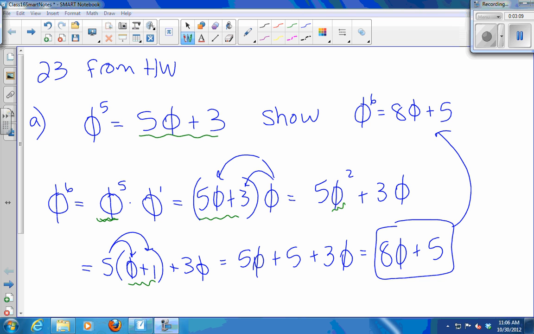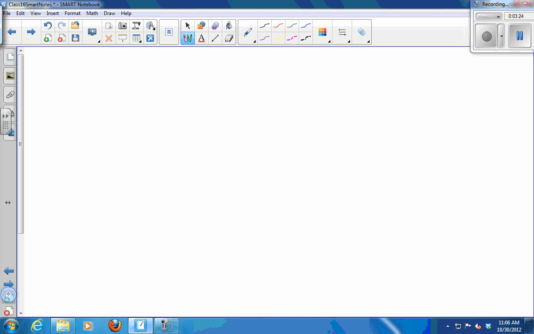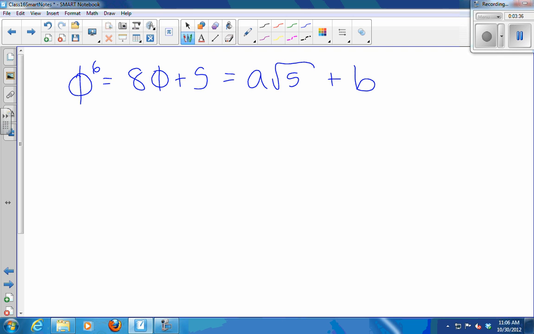Part B says, using the fact that phi to the sixth equals 8 phi plus 5, find values of A and B to write phi to the sixth equals A times root 5 plus B. So I want to figure out how to write it as A times the square root of 5 plus B. Well, if you remember, the exact value of phi was 1 plus root 5 over 2.